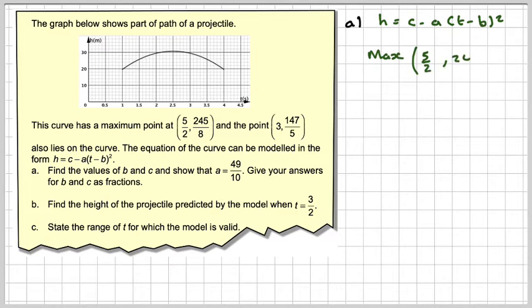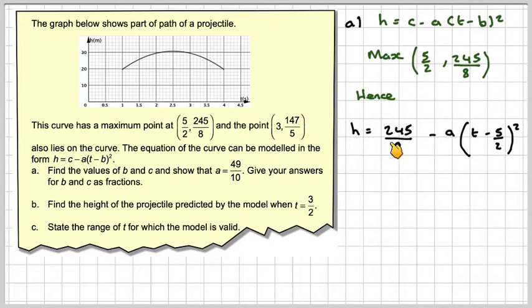The maximum is (5/2, 245/8). Hence, h will be of the format 245/8, which is the maximum value that the height can be, minus a(t − 5/2)². Because if we put 5/2 in here, this becomes 0, which is the minimum this could ever be. Therefore, this is a maximum.